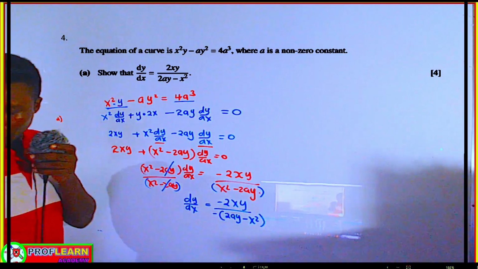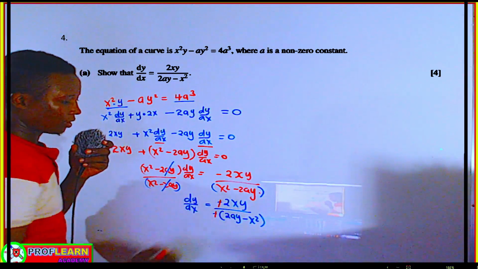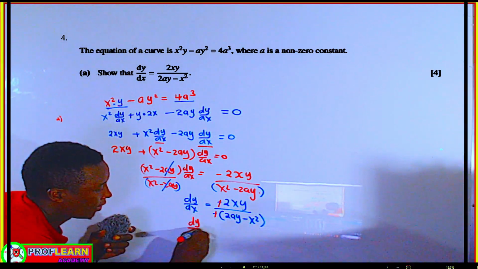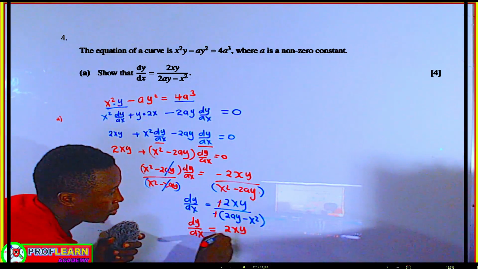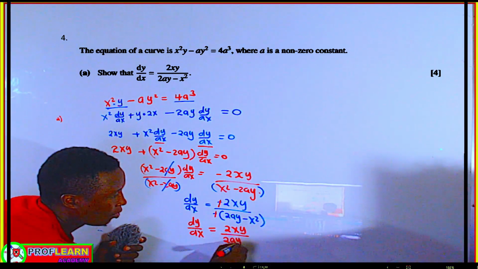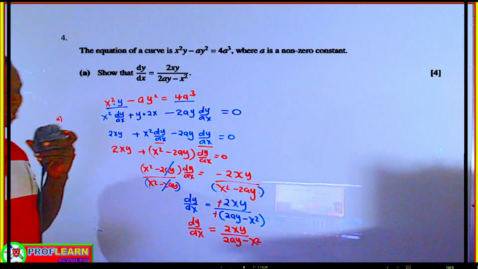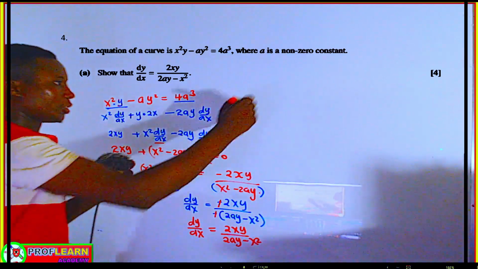Once you have introduced that negative so that it cancels with this one, the final answer is dy dx equals 2xy over 2ay minus x squared. And that is exactly what we were supposed to show as per the question.